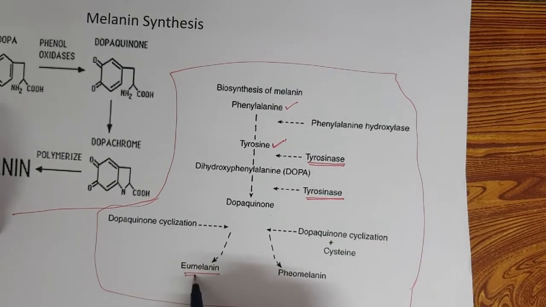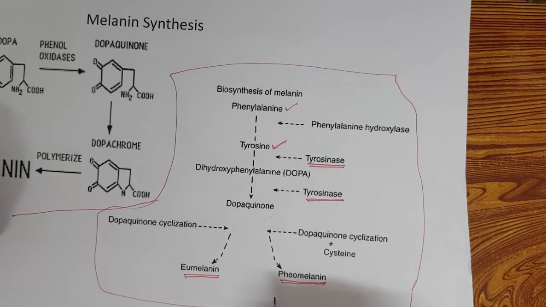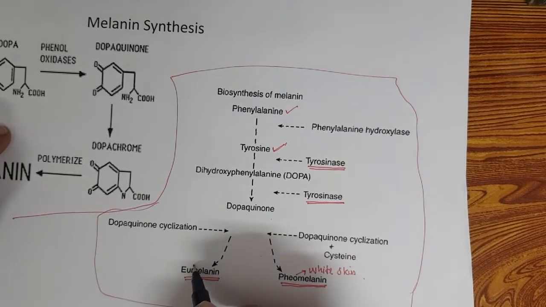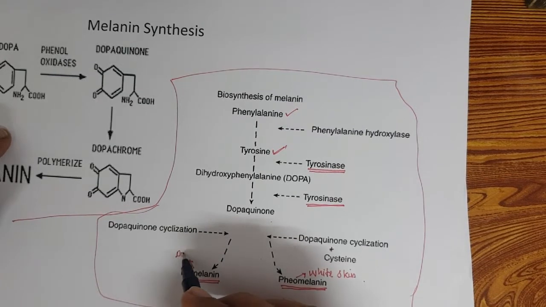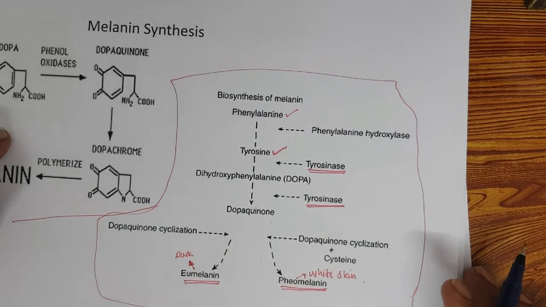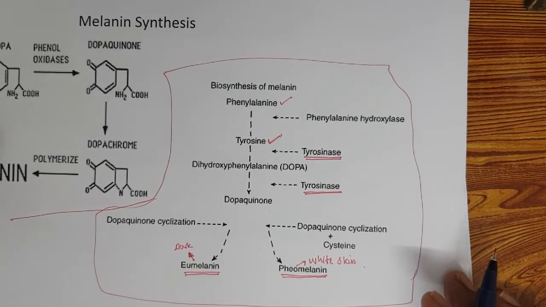Eumelanin and pheomelanin. Mostly, people with white skin contain more pheomelanin, and people with dark skin contain more eumelanin, right?